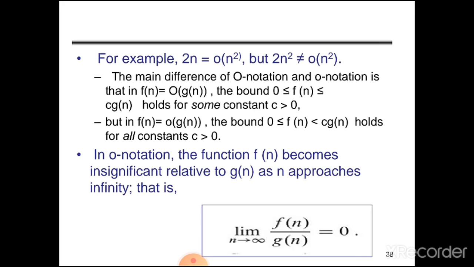So this is an example. 2n is equal to little o of n square.